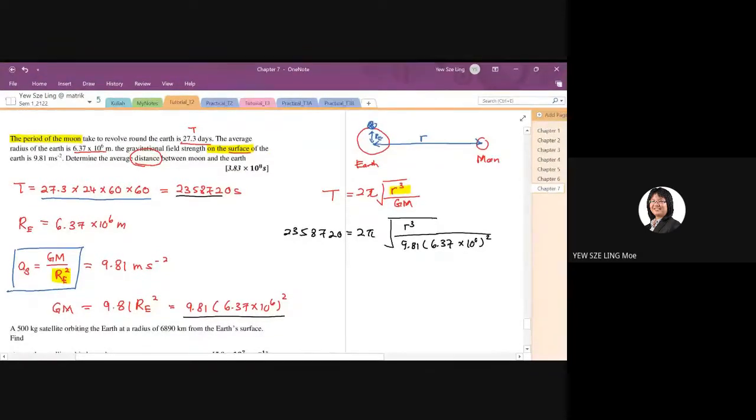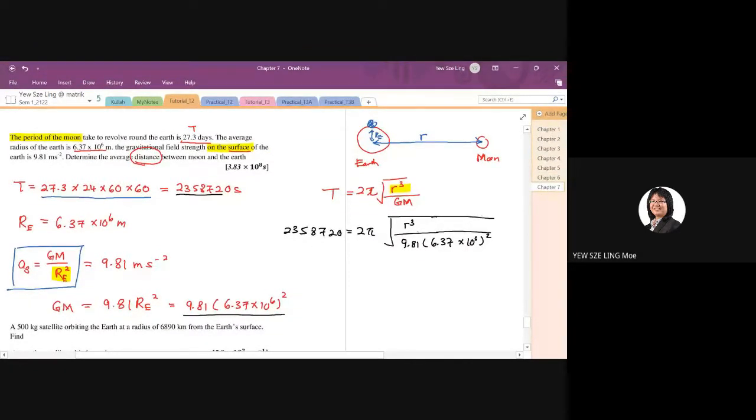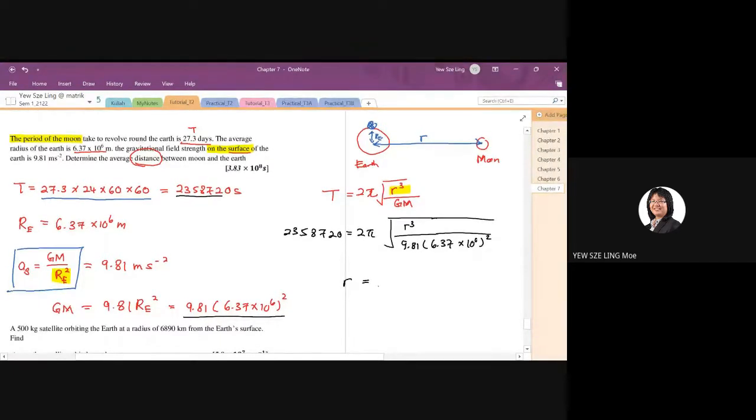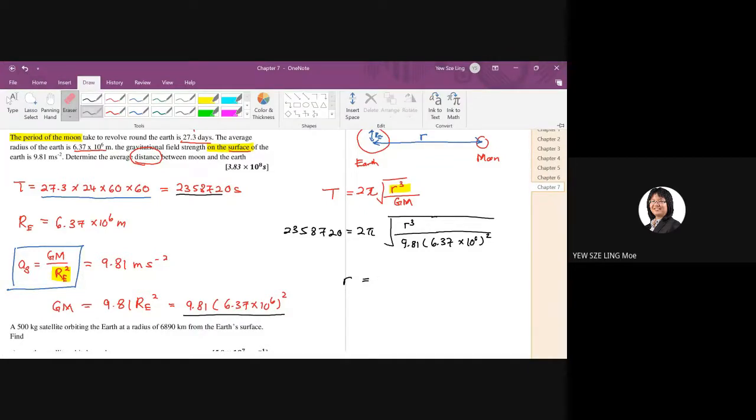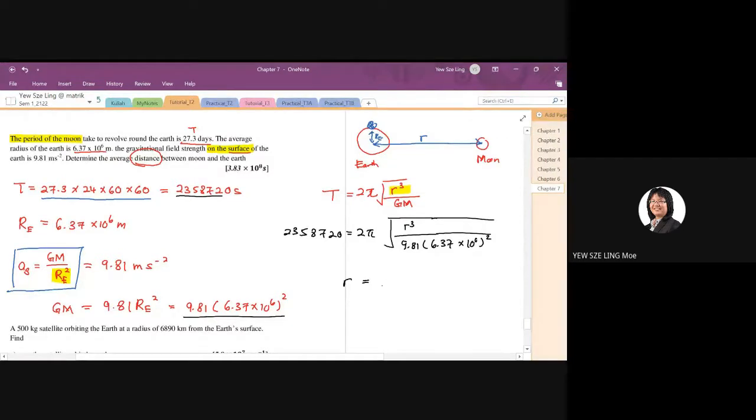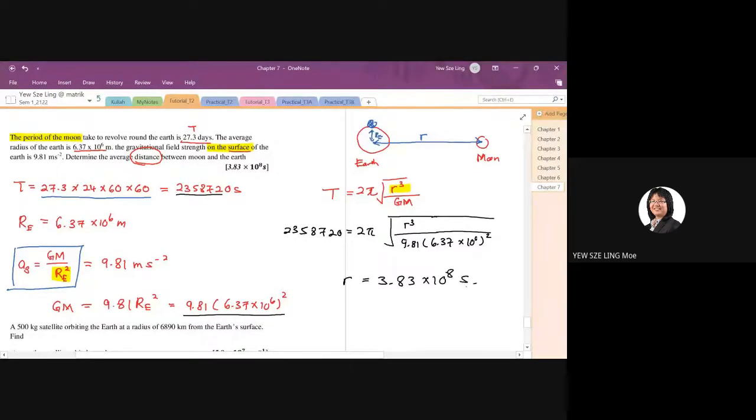So this is the equation. Rearrange the equation and use your calculator. You should be able to obtain R equals 3.83 times 10 to the power of 8. So that is your final answer.